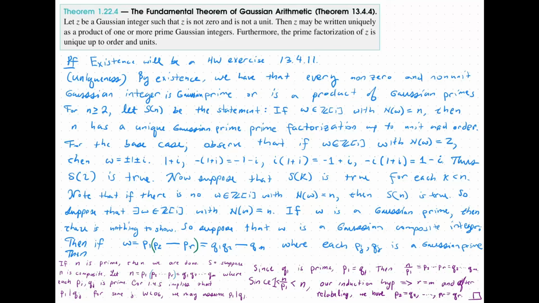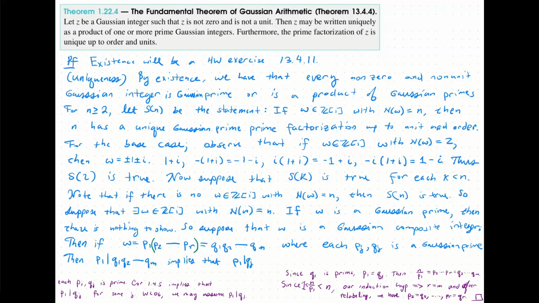So we get that P1 divides Q1, Q2, and so we have that P1 divides Qj for some j. So now we can reorder, reordering if necessary.